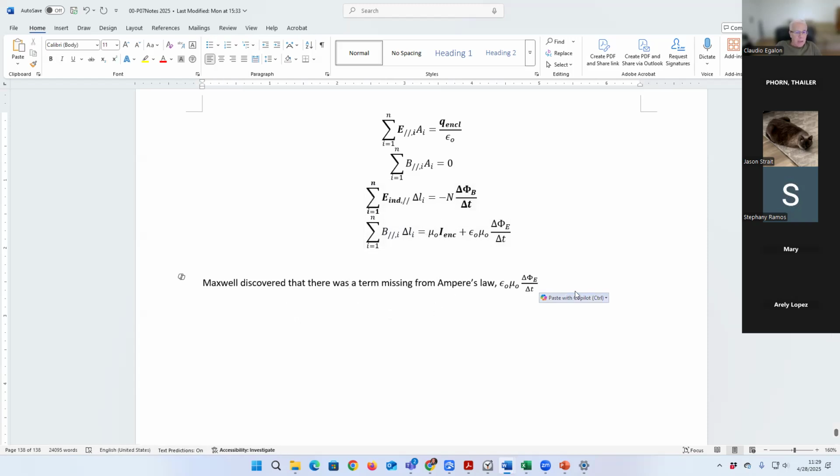Okay, this suggested that both a changing electric and magnetic field were reinforcing each other.